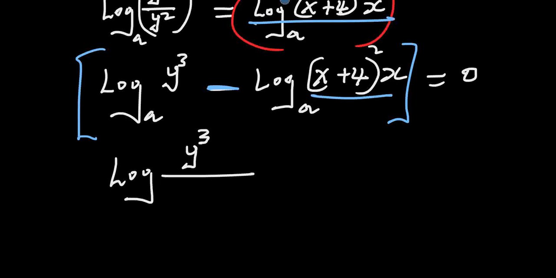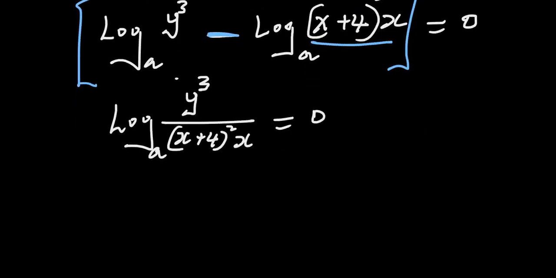Divide y cubed by (x plus 4) squared times x, to base a equal to 0.